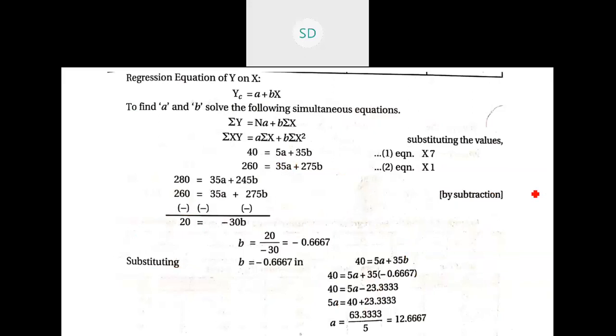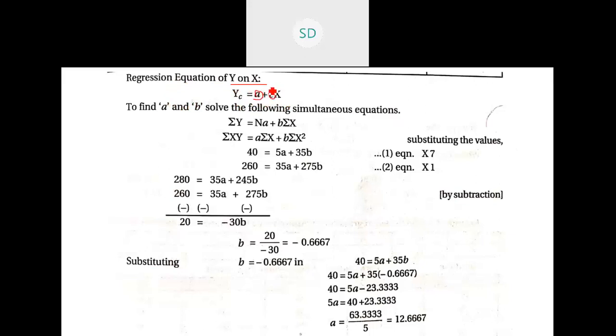Going on further, we have to write the basic regression equation of y on x. Now the basic regression equation of y on x is yc is equal to a plus bx. Here we are going to solve for the values of a and b.